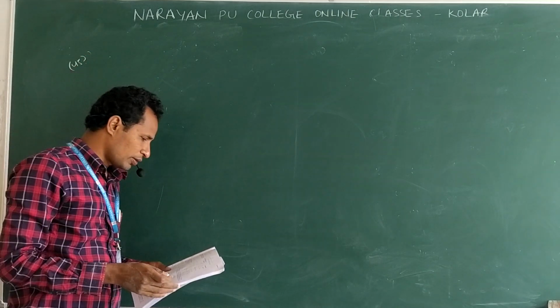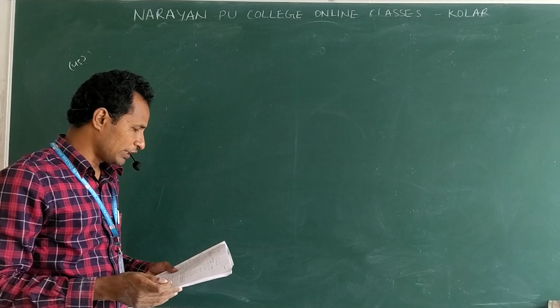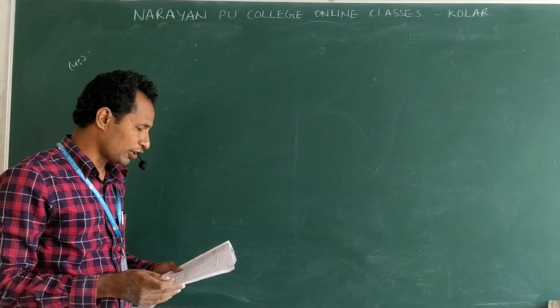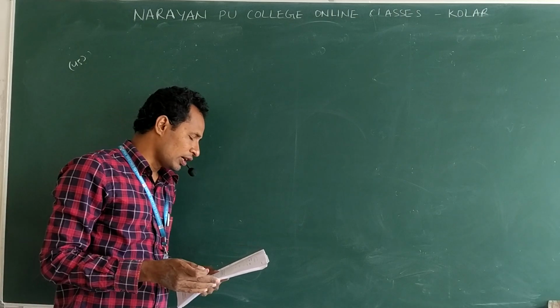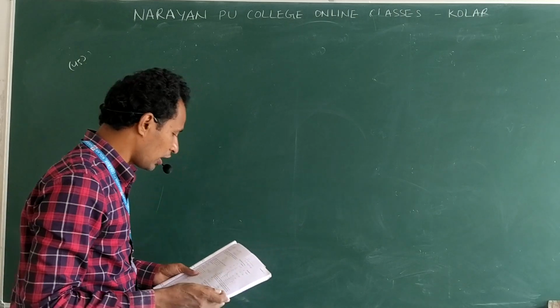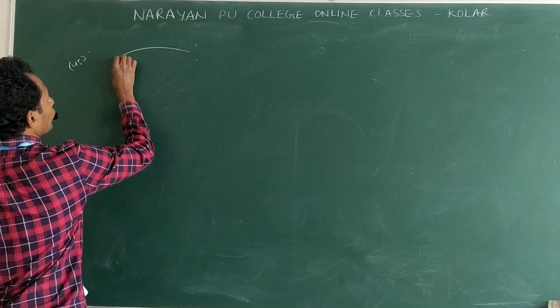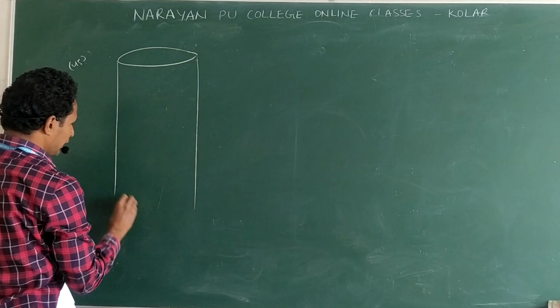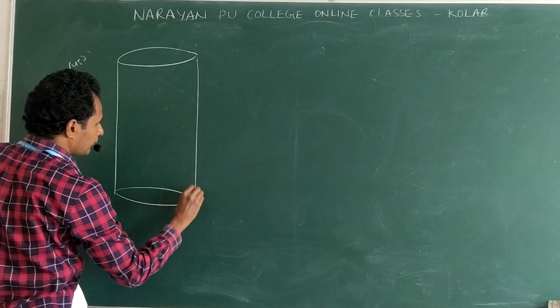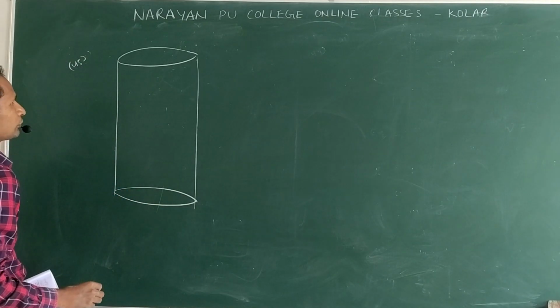A charge is uniformly distributed throughout the volume of an infinitely large cylinder of wire. Electric field at a distance r from the cylinder, r is less than capital R. Now, a cylindrical wire like this is given here.